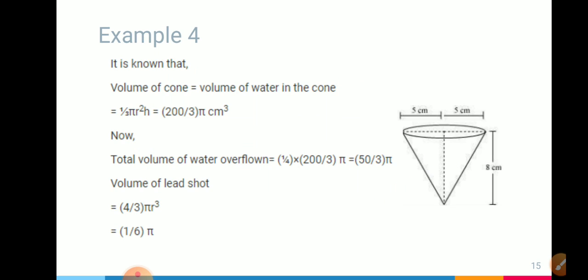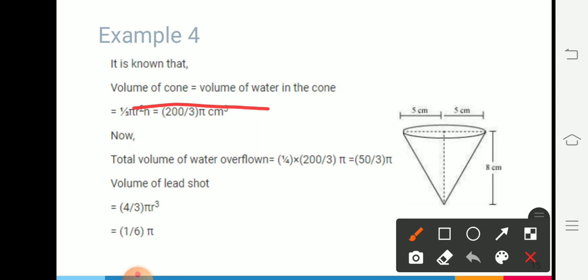So you know that the volume of the cone will be equal to the volume of the water in the cone. So you find the volume using the formula 1 by 3 pi r square h. So the total volume of water overflown will be 1/4 of this, according to the question.